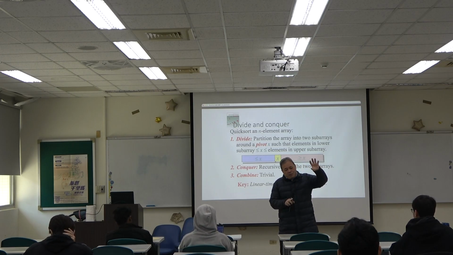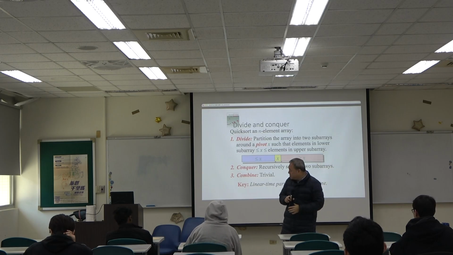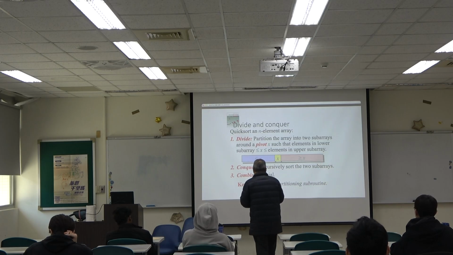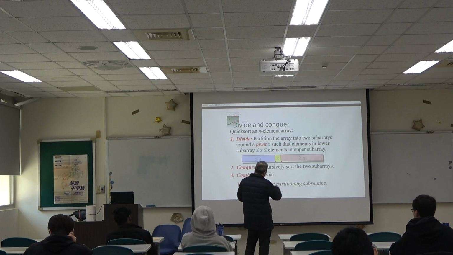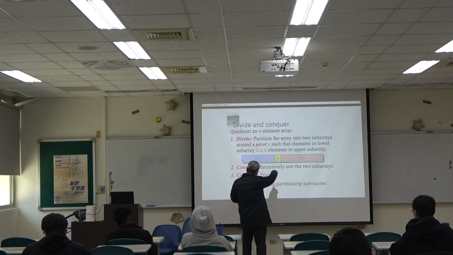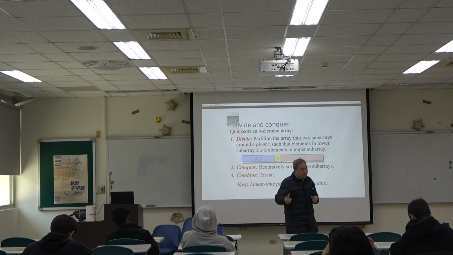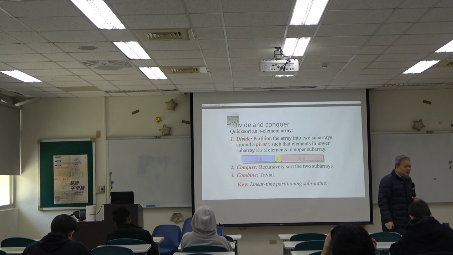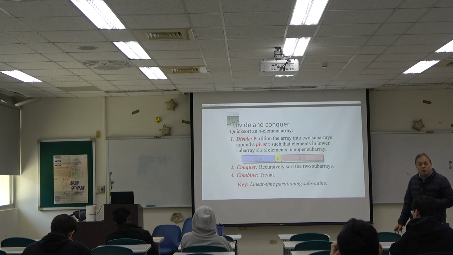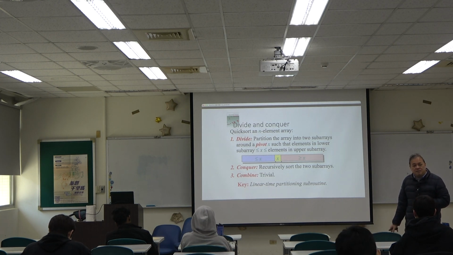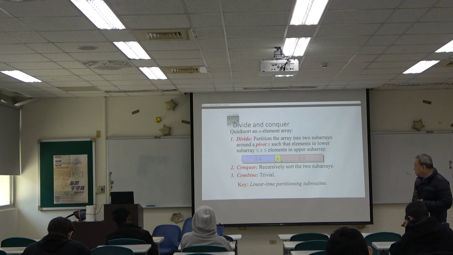But anyway, once you get this number, in this figure we call it x. But in the quicksort algorithm, there's a special name for this number. We call this number the pivot. So when I say pivot in the quicksort, you should be able to understand what I mean.